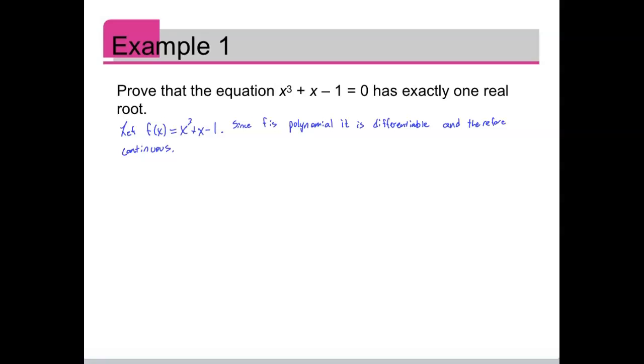All right. And then I'll show that it has at least one real root by using the intermediate value theorem. So I'll remind you of what that looks like. The way I want to use intermediate value theorem, I want to find an input that'll give me a negative output, and then an input that'll give me a positive output. And then since I know the function's continuous, it must have crossed the x-axis between those two values. And so just based off this minus 1 being the only constant, I know that f of 0 is negative 1, which is less than 0.